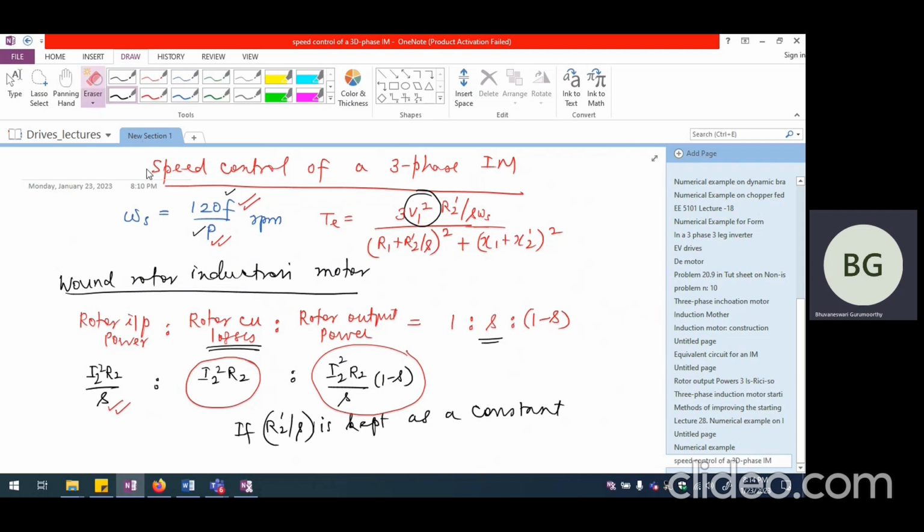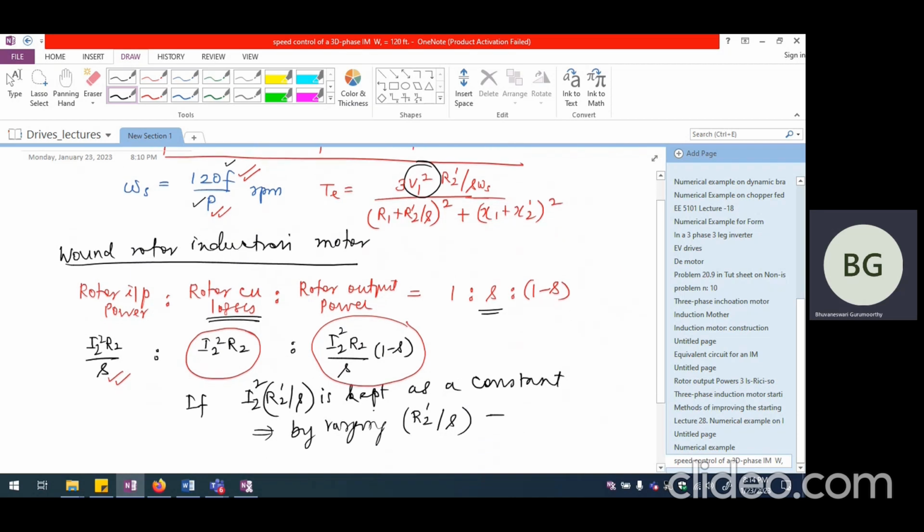Rather than saying just R2 dash by S, if I keep I2 square R2 dash by S constant, then by varying R2 dash in proportion to the slip, if I increase R2 dash, correspondingly slip will increase, which means the speed will vary.